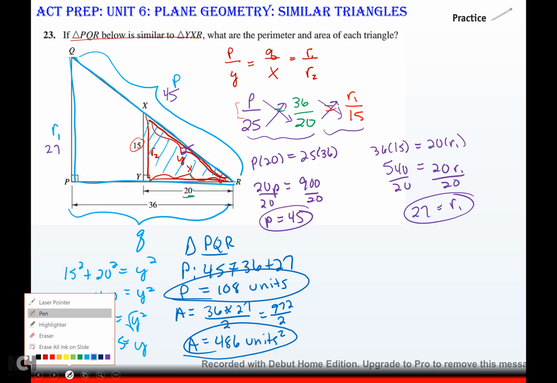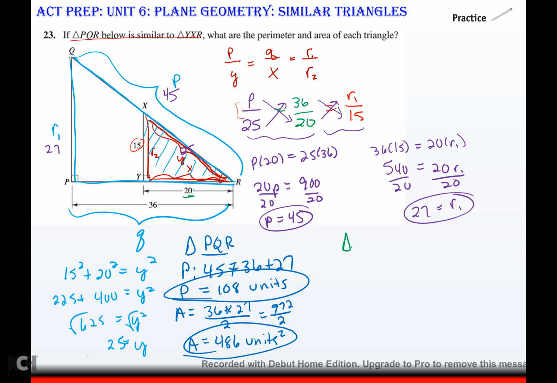And then they want the perimeter and area of triangle YXR. Well, my perimeter is going to be the sides of the little one, which is 20 plus 25 plus 15, which gives me a perimeter of 60 units.